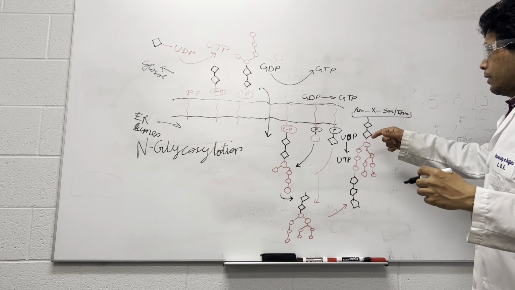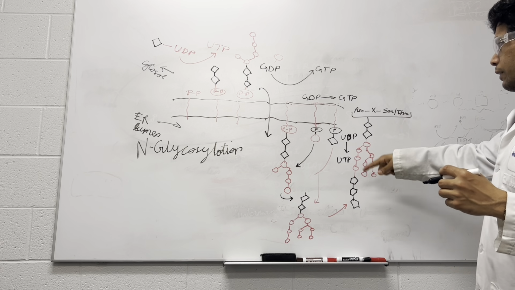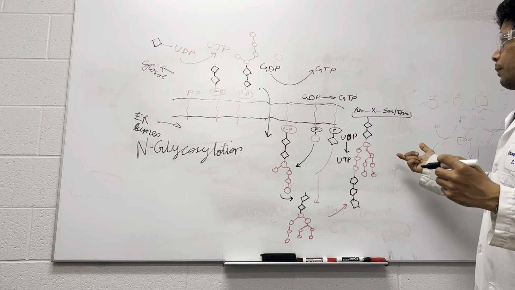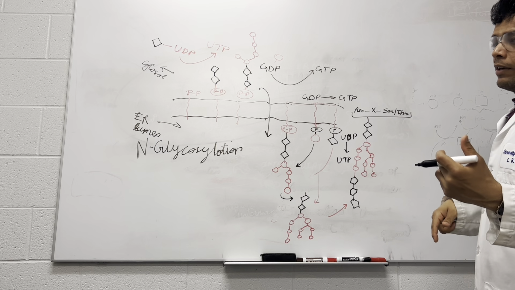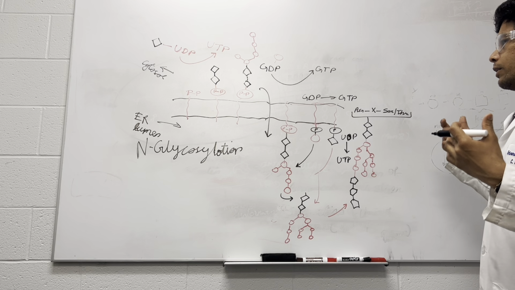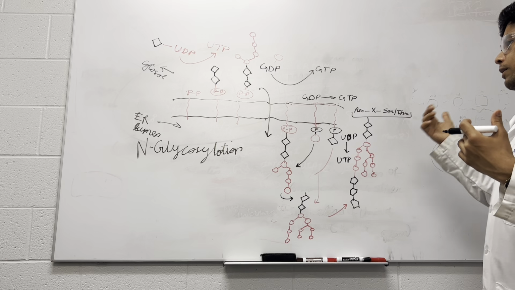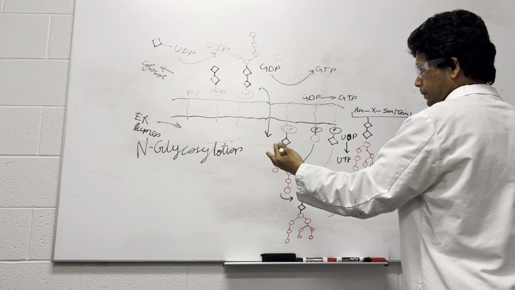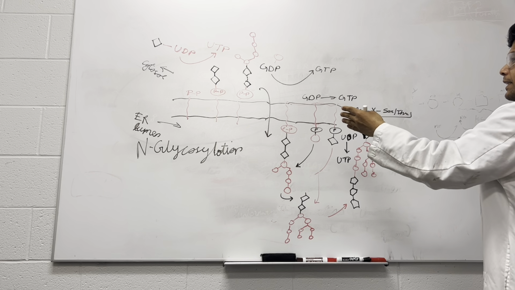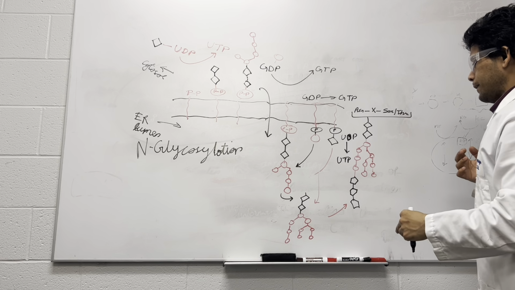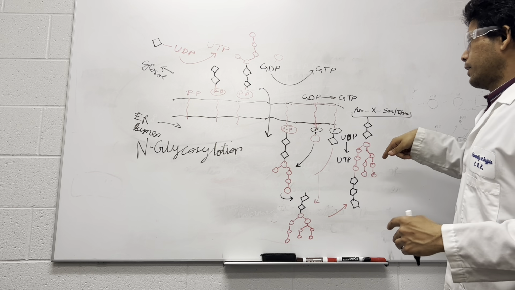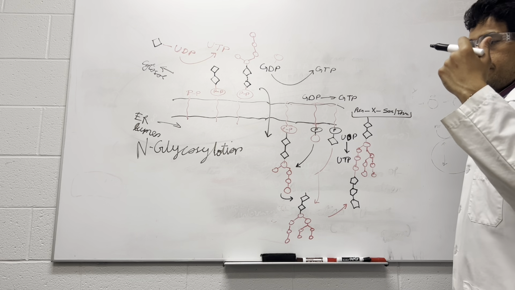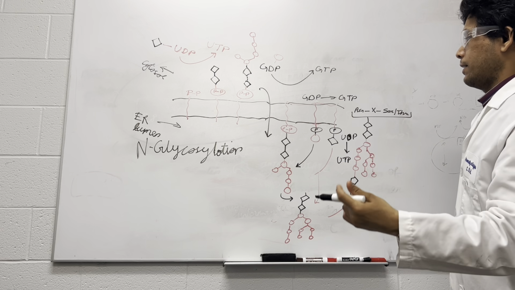In this way, this glycan structure will form, and it will remain in the ER lumen until it gets a polypeptide chain with this sequence. It will wait for the polypeptide chain to be translated and present in the ER lumen, and this process is triggered even before the translation of the polypeptide chain starts.